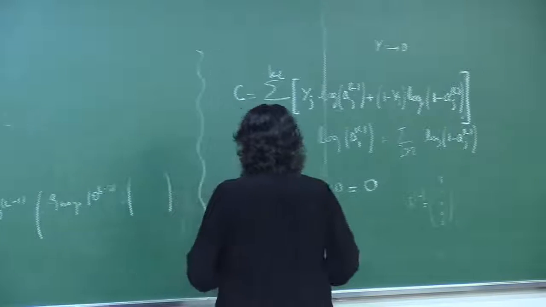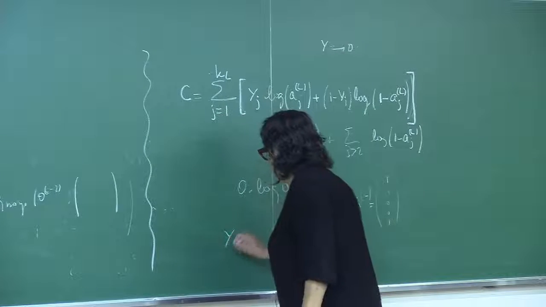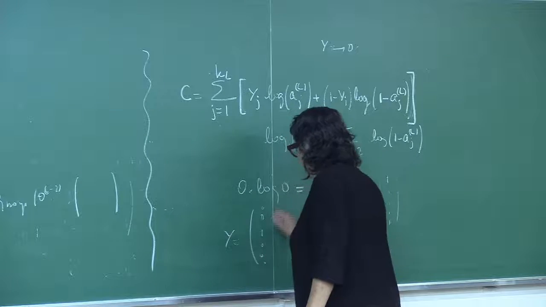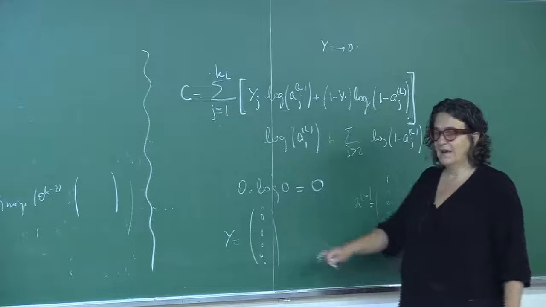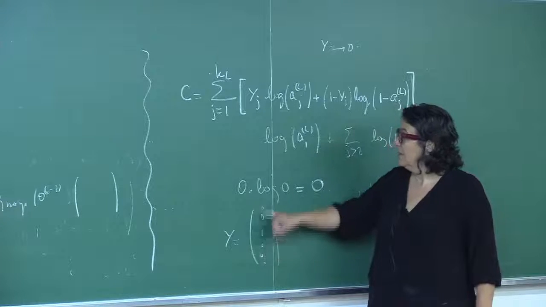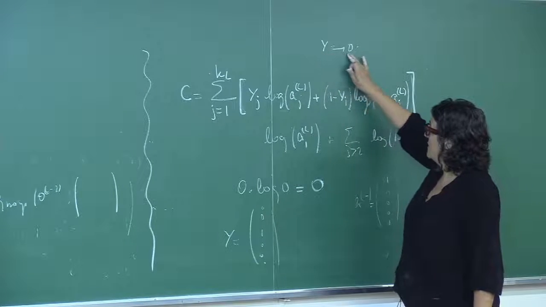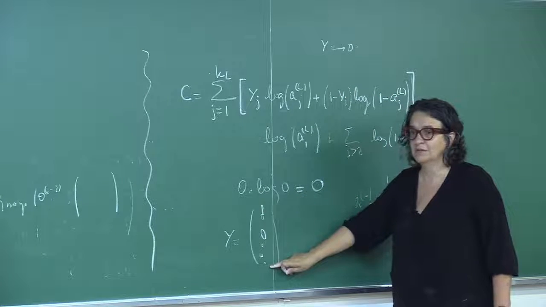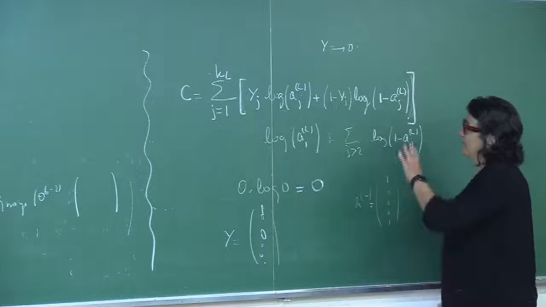Because remember, I want to predict a vector that has a 1 here and the others 0. Therefore, my perfect prediction, if my original y was 0, is to have a 1 here and the rest 0.